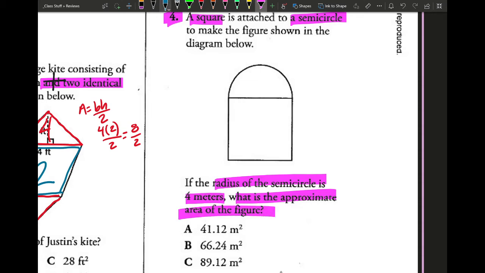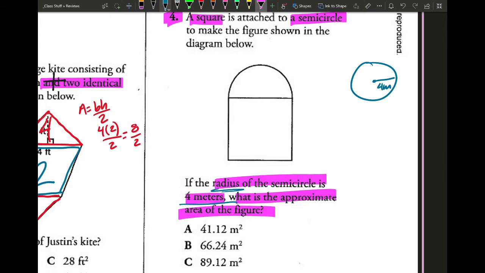So they're telling me that, let's say if I had a full circle, they gave me the radius. That means the radius is the line from the middle to the edge. This is 4 meters. Right? And that's all they're telling me. They didn't put any numbers or anything on the circle, or the semicircle, or the square. That's all they gave me.